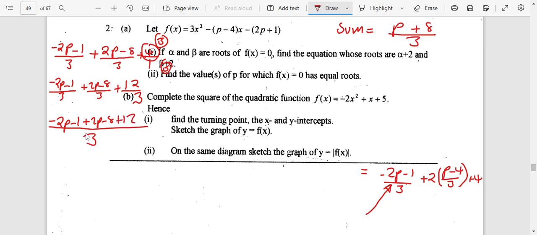So add like terms. Negative 2p and positive 2p are going to cancel out. And then I've got negative 1 minus 8, that's negative 9. Negative 9 plus 12, what are we going to get? Is it a positive 3? Okay, we're going to have positive 3 over positive 3. What is this going to give us? A 1.